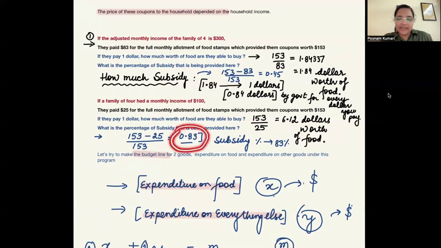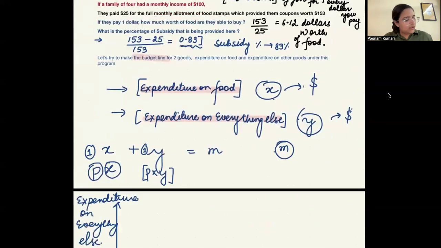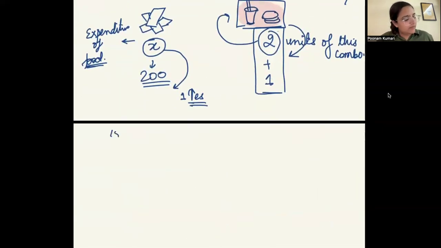Where did the 0.17 come from? Do you know the subsidy? So what was the exact number of the subsidy amount? 153 minus 25 divided by 153. Can you give me the number in more decimals? 0.8366, and then it'll keep repeating.